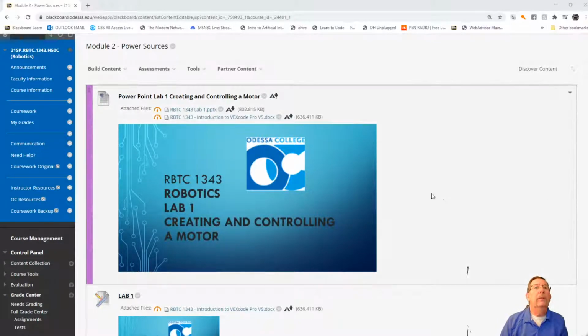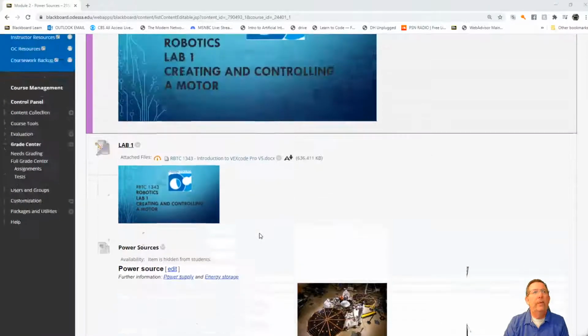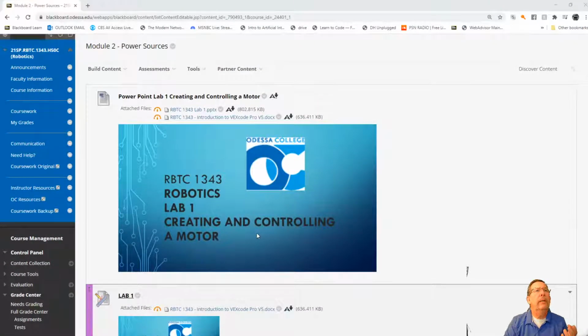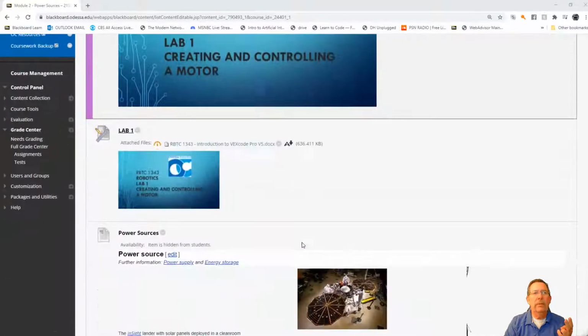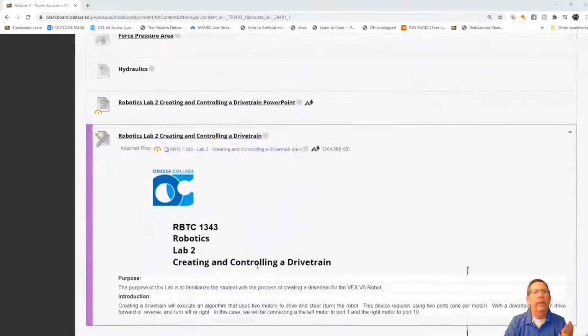Anyway, for those that haven't been here, I don't remember exactly who was and who wasn't. We went through creating and controlling a motor, and we used the IDE to do that. Then we did the second lab, the drivetrain.